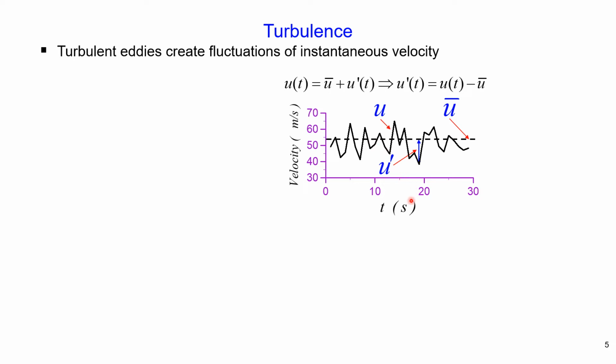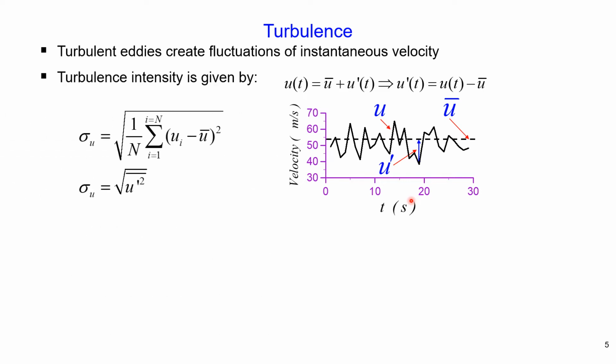Turbulence intensity is one of the most important parameters used to quantify the magnitude of turbulent fluctuations affecting tidal current turbines due to its effects on the generated wakes, turbine power and thrust coefficients, and structural fatigue. Turbulence intensity is given by the following formula as shown on this slide.